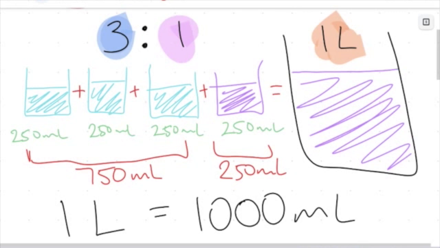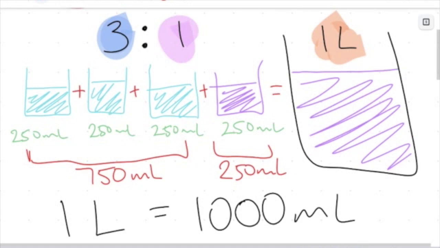So the total amount of parts I'm dividing here, I find that by adding the 2 numbers in my ratio, the 2 or more numbers in my ratio, because the next example, we're going to look at bigger numbers.